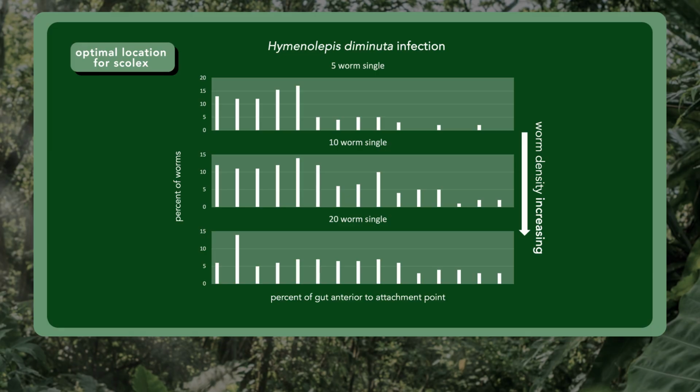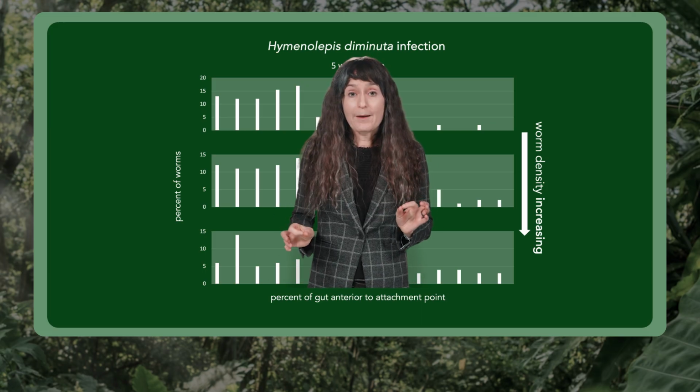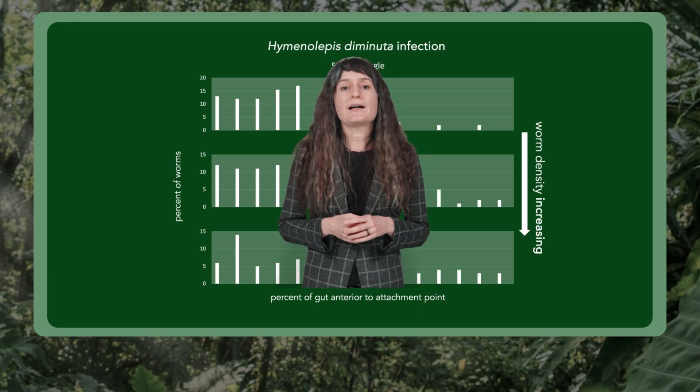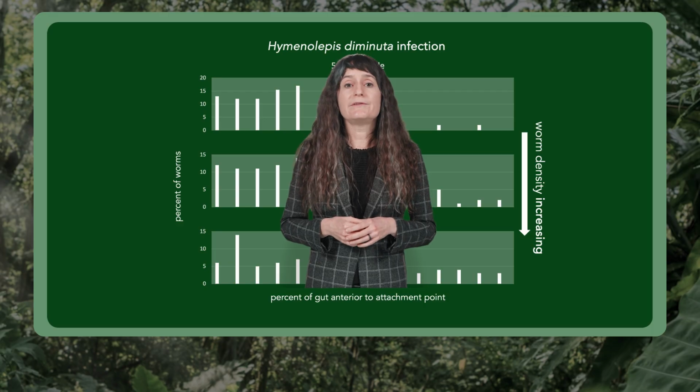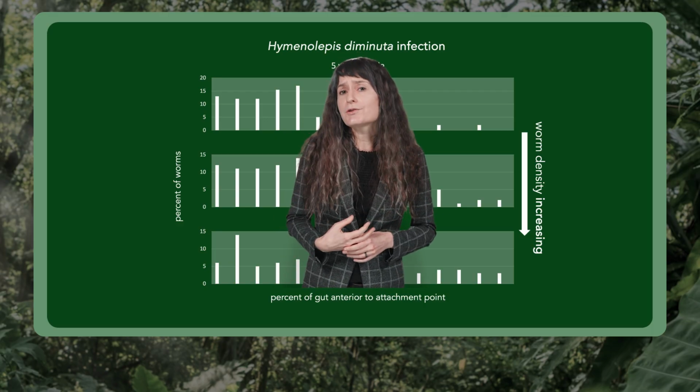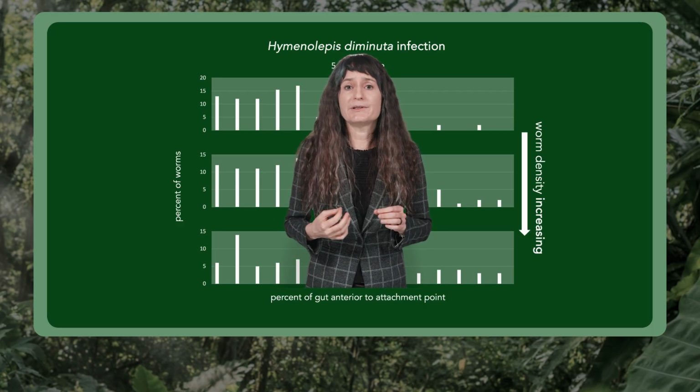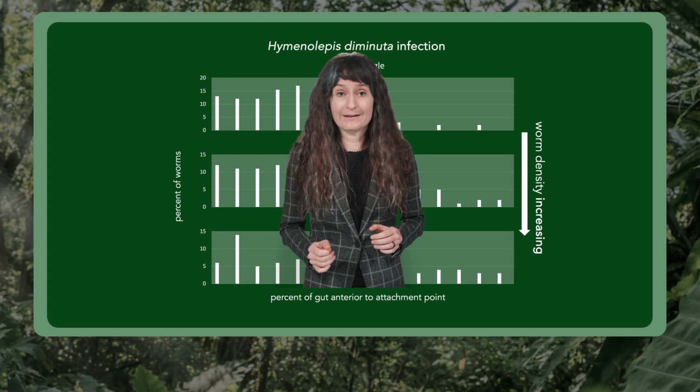When worms have their choice of locations, they all choose to be in the anterior portions of the intestine. As there are more and more of them, more worms are forced into the substandard posterior positions of the intestine. But on top of the influence of intraspecific competition on the position of these worms in the gut, we also see impacts of intraspecific competition on the parasite's fitness.